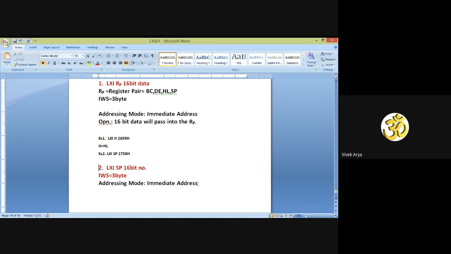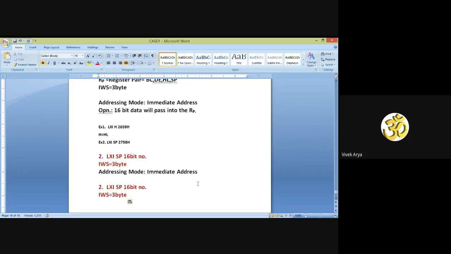Now moving towards the next instruction, our third instruction, which is LDA 16-bit address. Can you tell me the instruction word size for this instruction? 3 byte.